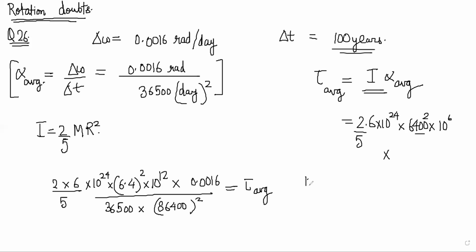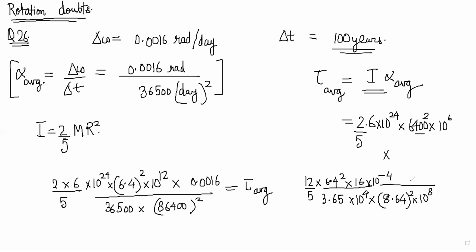It is 12 by 5 into 6.4 square into 16 by 4 zeros, 16 by 10 power minus 4, and divided by 3.65 into 10 power 4 here, and multiplied by 8.64 into 10 power 4 square. So 8.64 square into 10 power 8.